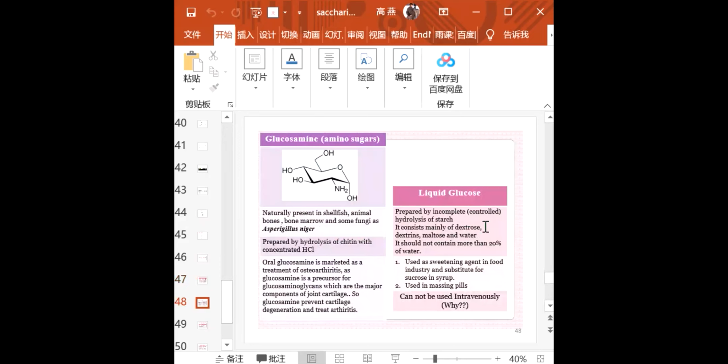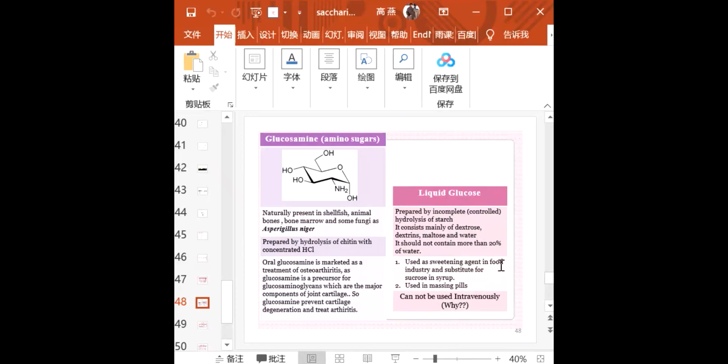And liquid glucose is a mixture actually, prepared by incomplete hydrolysis of starch. So it consists mainly of dextrine, maltose, and water. So basically it's a mixture. It's not a pure compound. It shouldn't contain more than 20% of water.